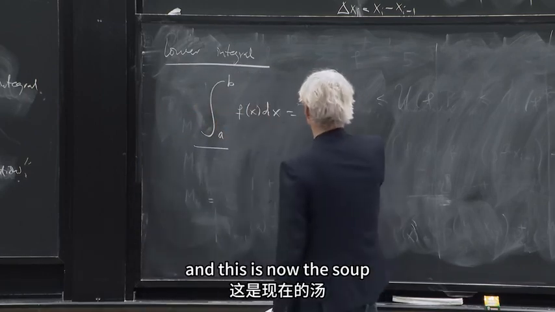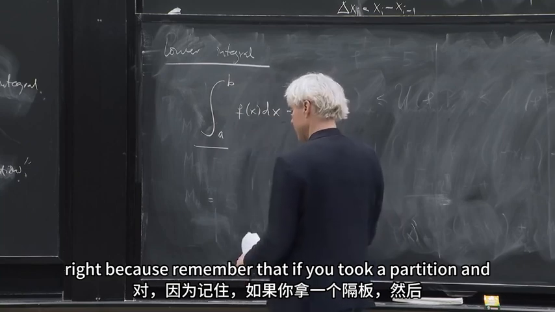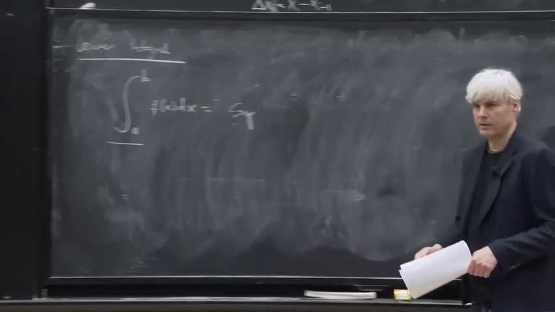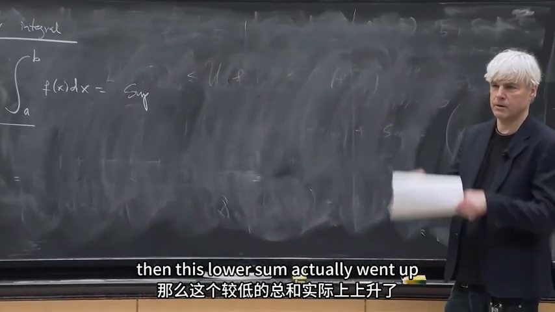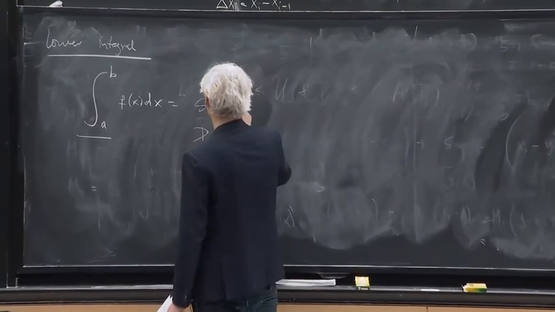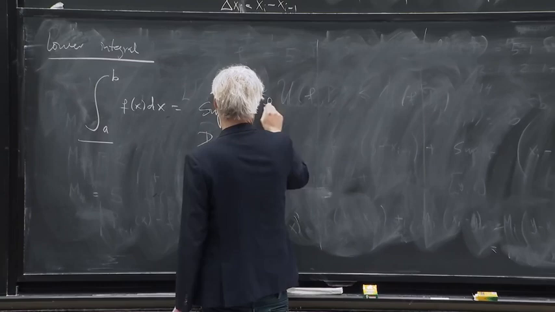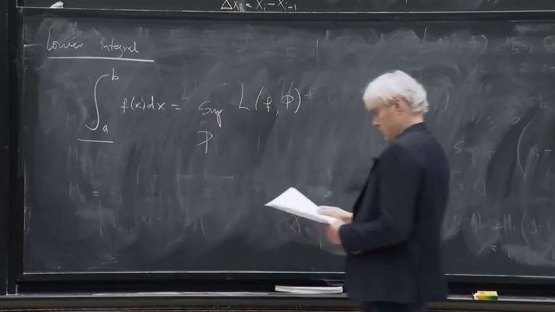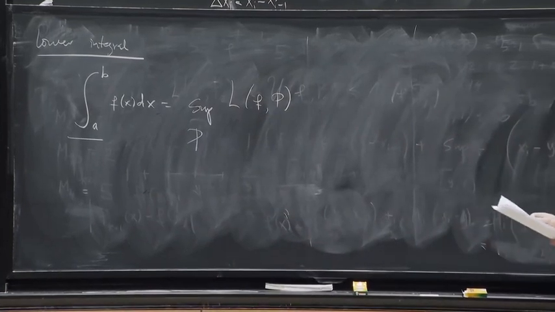This is now the sup, right? Because remember that if you take a partition and then a subpartition, then this lower sum actually went up. So it's a sup over all partitions of these lower sums.